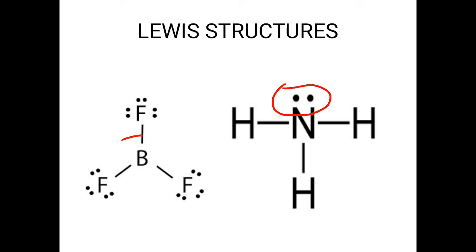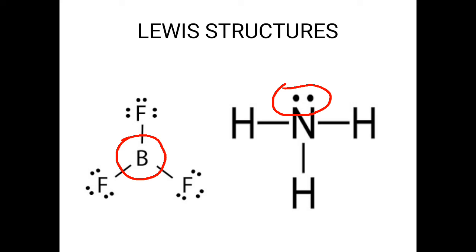But you see, boron is the central atom for boron trifluoride. Boron has 3 electrons in its outermost shell, and it is making 3 single covalent bonds with 3 different fluorine atoms. But boron still has a place for 2 electrons to complete its octet.